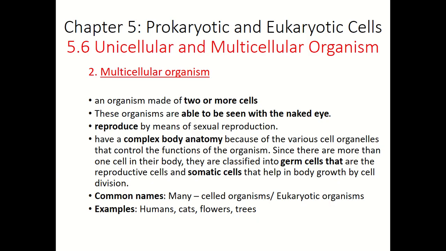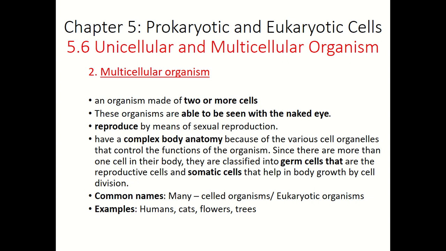So for multicellular organisms, they are organisms made of two or more cells. These organisms can be seen with the naked eye, with no need for a microscope. They only reproduce by means of sexual reproduction, and they have a very complex body anatomy compared to unicellular organisms because of the various cell organelles that help to control the functions of the organism.